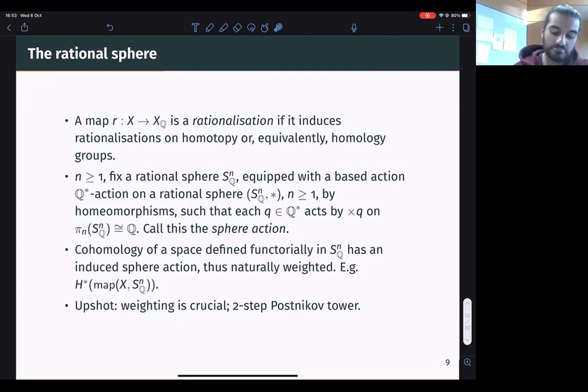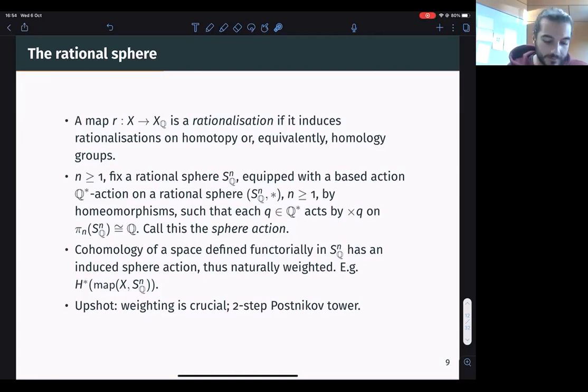Now, if a space is defined functorially in terms of the sphere, then the Q star action gets transferred to that space. And taking cohomology, we get that there's a Q star action on the cohomology ring. In particular, the cohomology algebra is weighted, provided that the action is purely by weights.